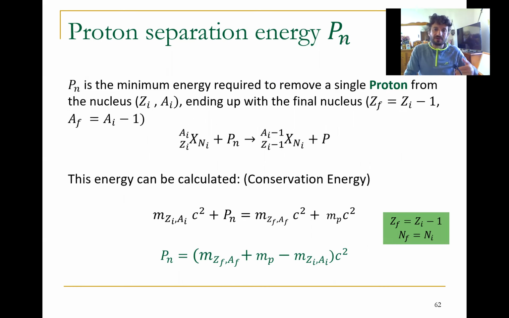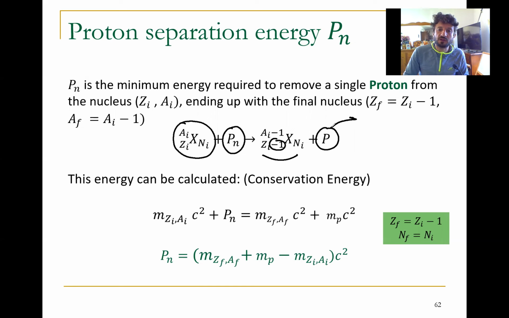We follow the same calculation. Initially, we have this initial nucleus. We apply this quantity of energy to remove one proton. Here we have the removed proton out of the initial nucleus. We do the conservation of energy between the initial state and the final state.